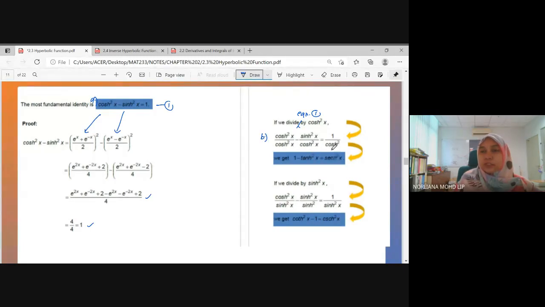Ini akan dapat bila equation 2, equation B. And then third equation, this one. Okay, we divide the first equation. We divide first equation by hyperbolic sine square to get this equation, this new equation.